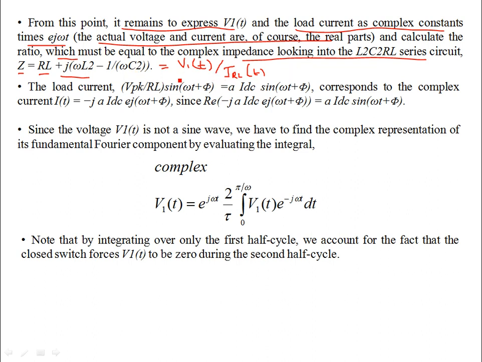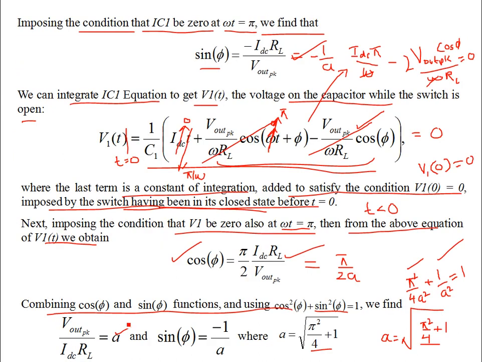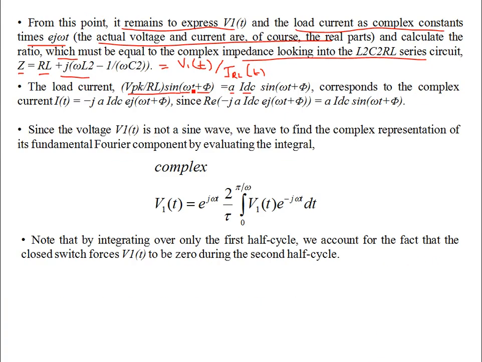So the load current, if you express this, that's the sine function, and since we have determined the phase, that can be expressed in terms of the constant A. So A times IDC, if you recall, is nothing but V out peak over RL. So you multiply IDC by A, and that gives you A times IDC is V peak over RL.